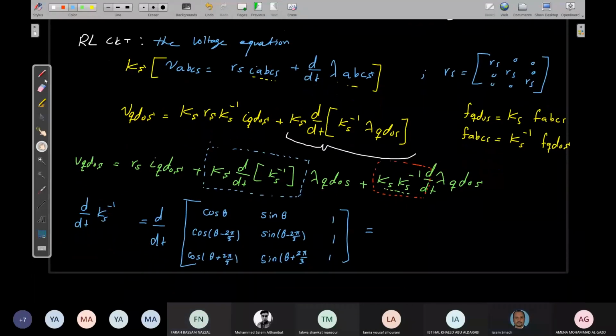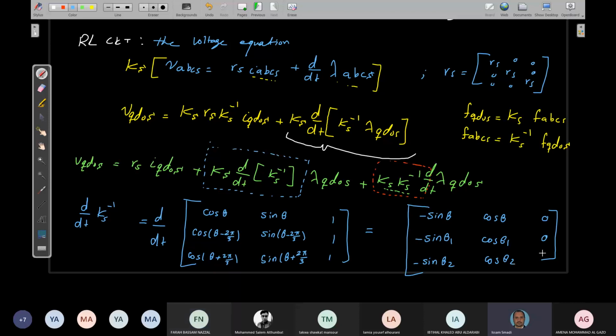Minus sine. Okay, so let's start opening the matrix here. The first one is minus sine theta, then cosine theta, then 0, then minus sine theta 1, let's say, because of the space, cosine theta 1, 0, then minus sine theta 2, cosine theta 2 and 0.